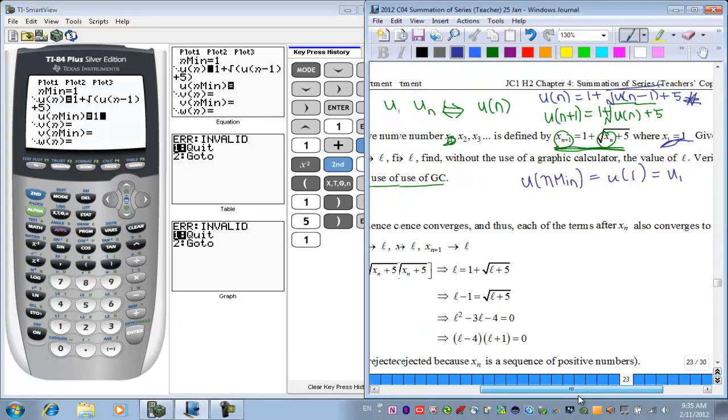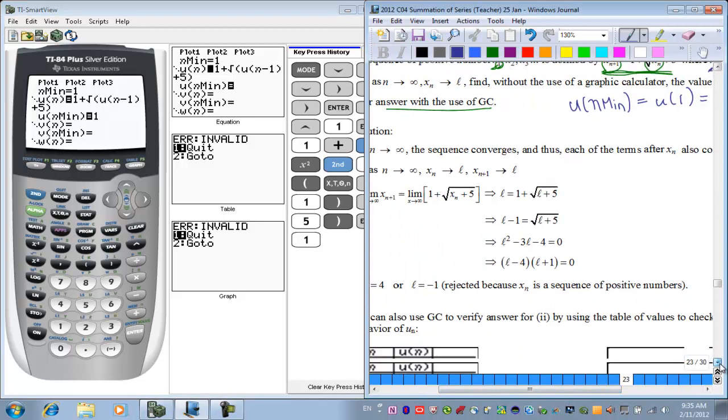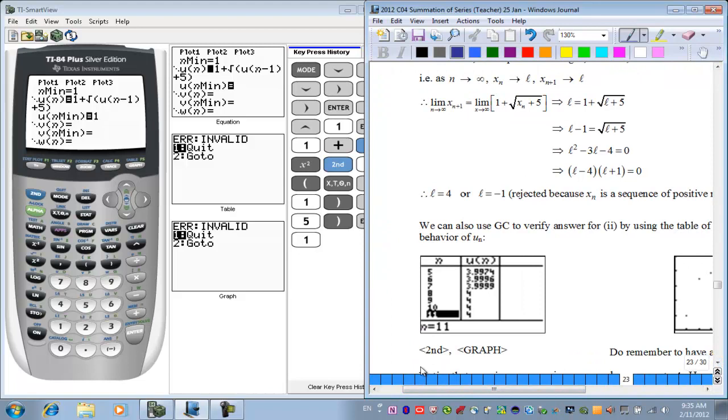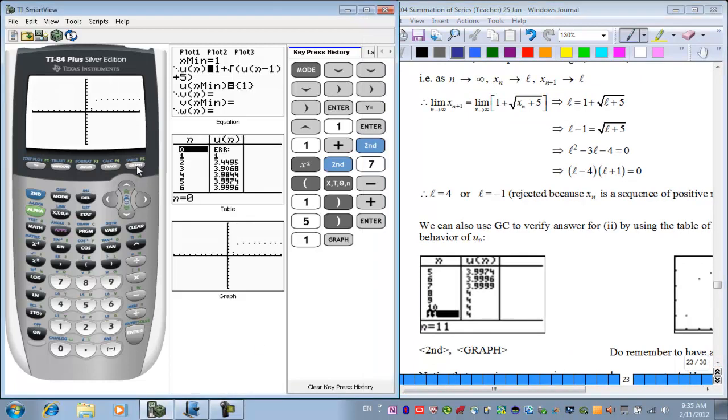Now, what I want to do is observe how the sequence behaves, to see what is the limit. So there are two ways we can do this. Firstly, we can use a graph. If you were to press graph, you see that it appears in the first quadrant. So we can actually zoom. We can use a zoom box, and we box up this area.